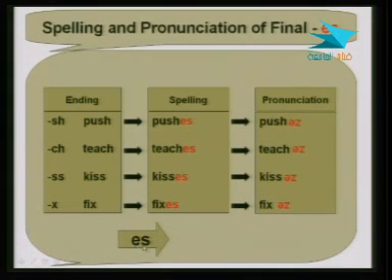So that es at the end becomes is. So he teaches English, right? He kisses his children, right? And he fixes his car, and he pushes the door. And these are the examples.